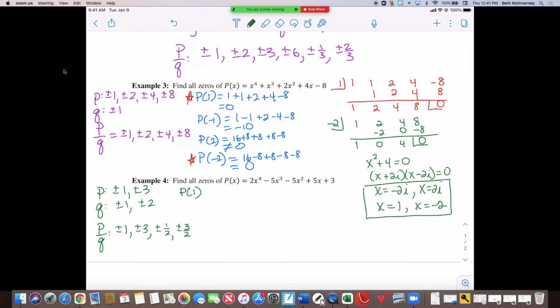Just because of time, P of 1 is 0, and P of 3 is 0, okay, just because of time.